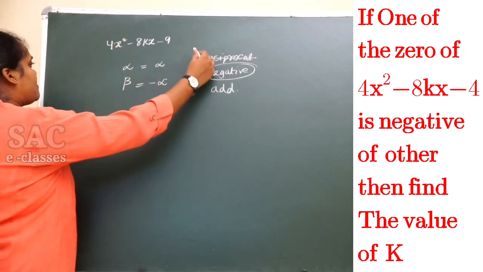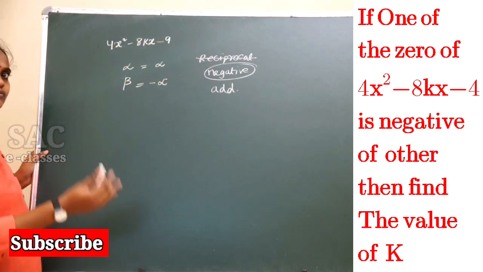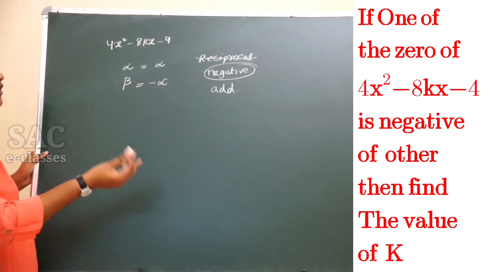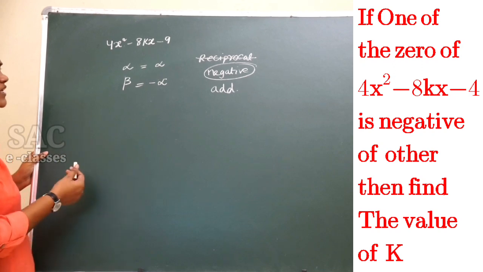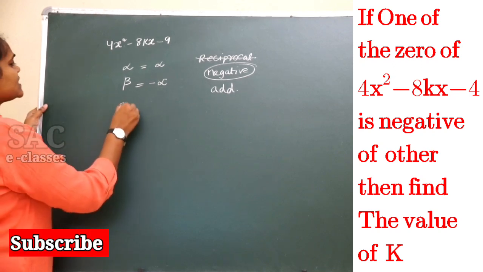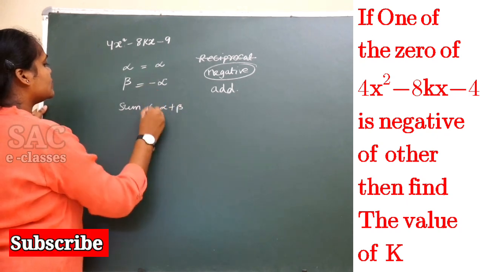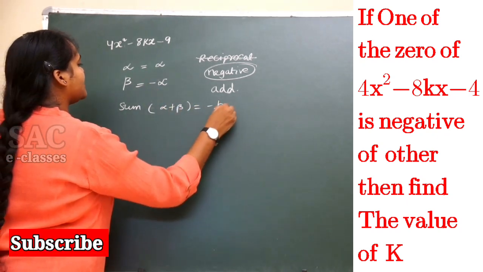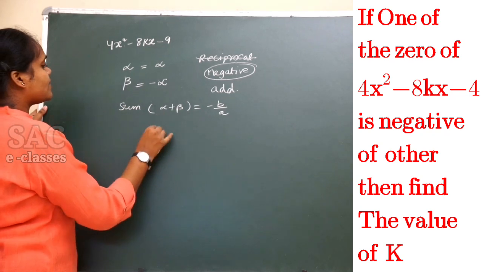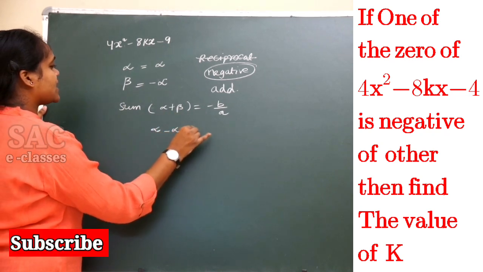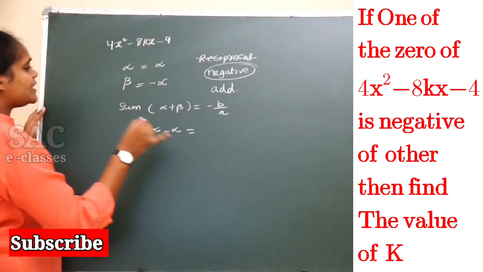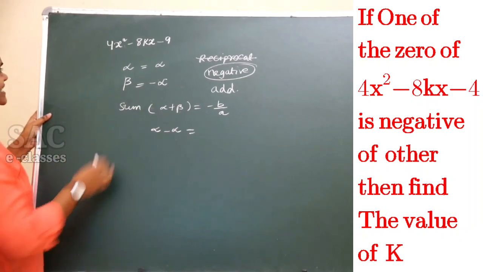We know that when reciprocal is given, you usually use the product, but here we have to use the sum. The sum of the roots alpha plus beta is equal to minus b by a. Alpha means alpha, beta means minus alpha, and minus b by a is what they have given. What is minus b by a?